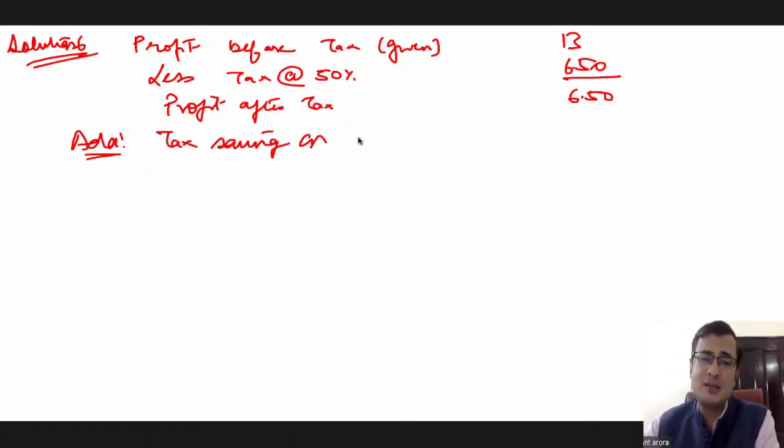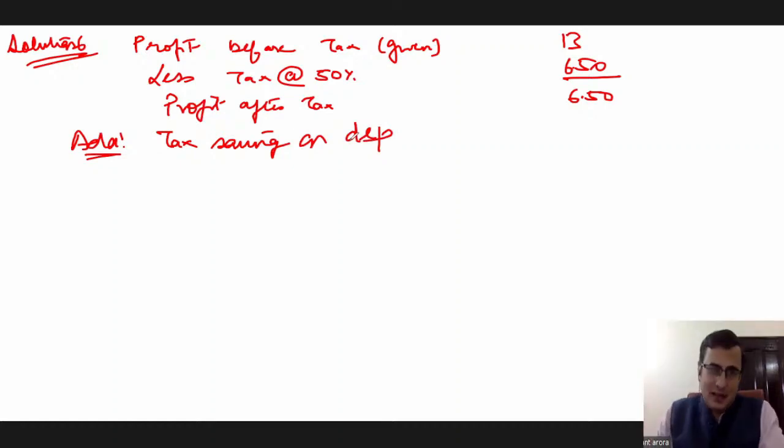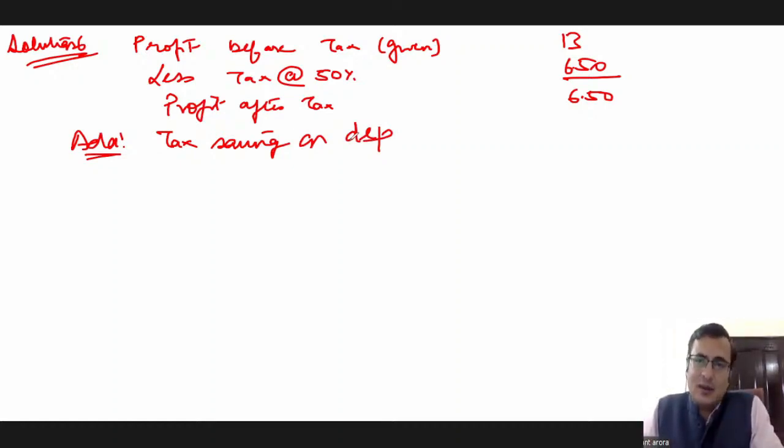I hope everybody remembers this step. If it has been a long time since you cleared your CA Inter, or you don't remember, you are humbly requested to go through at least the IPCC or CA Inter books, where you will be recapitulating what you had done in your CA Inter.